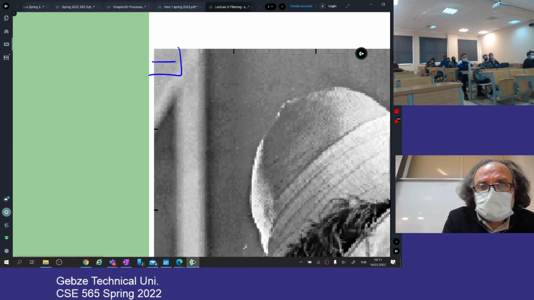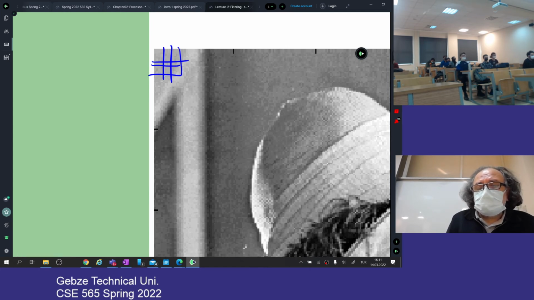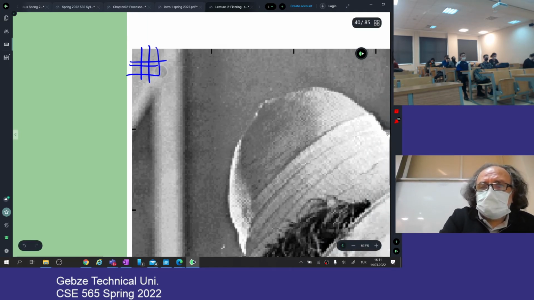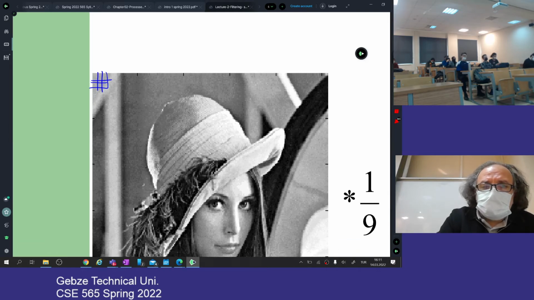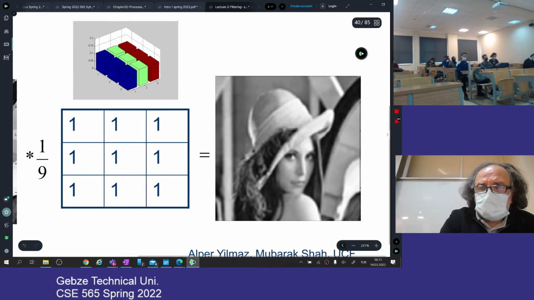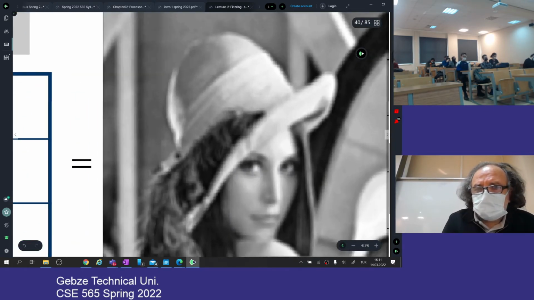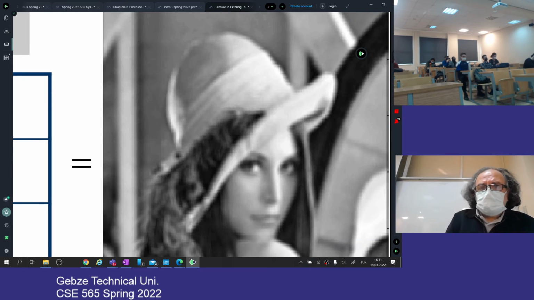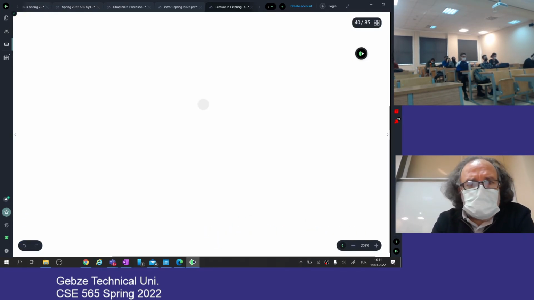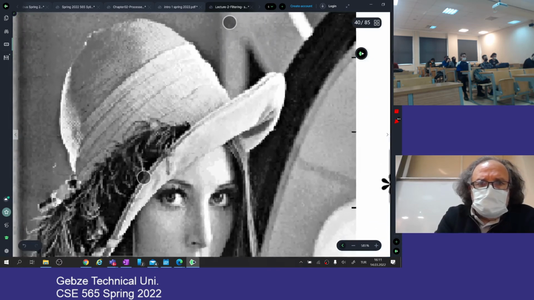Take the 9 pixels, add them up, and divide it by 9. So it just takes the average of it, and does the same thing for all the pixels in the image, and this is what you get. Okay, so I lost lots of detail actually. See the details.